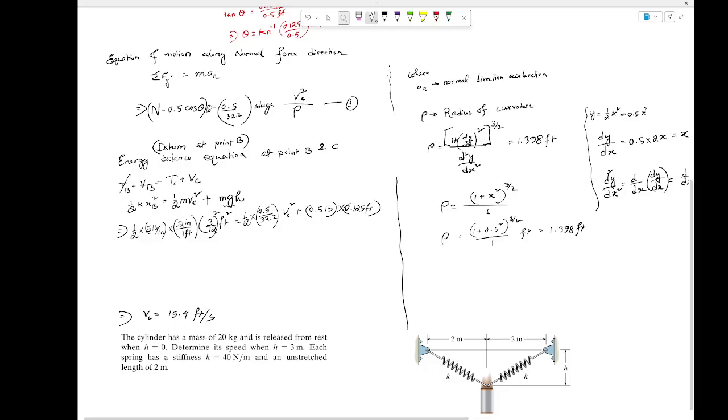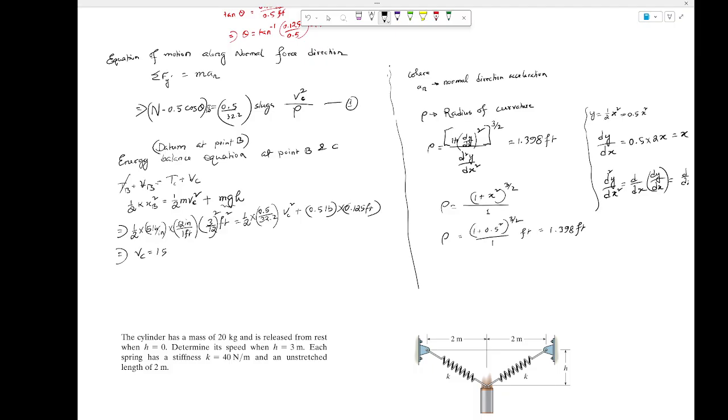I'm just saying the BC value. What is the BC value? Everybody found the same BC value I have? Is it 15.5? 15.4? All right.